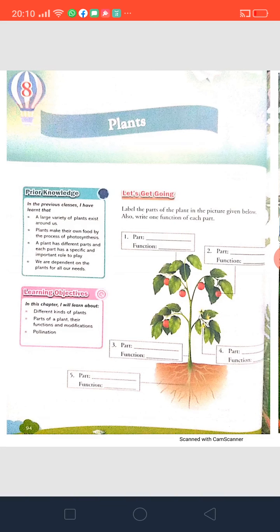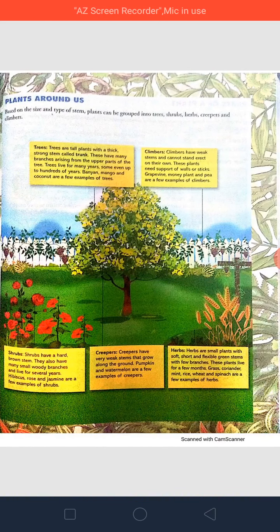Then observe the rose plant, then observe the banyan tree. You can see any tree. If a neem tree is there in your house, you can observe the neem tree also. Any other tree if they are in your kitchen garden, then you can observe carefully. You have to observe tulsi, rose and banyan tree, neem tree, apple tree, any tree.